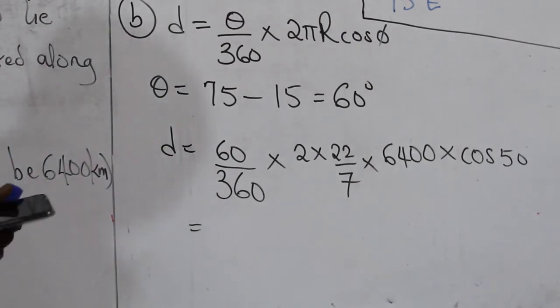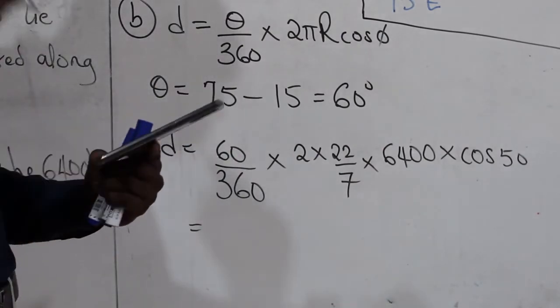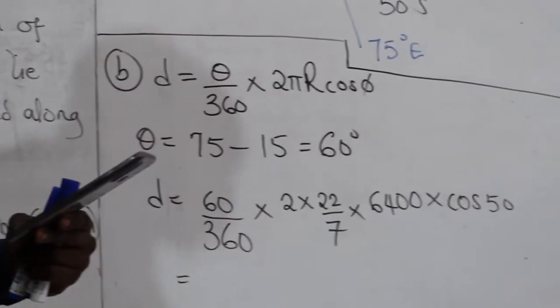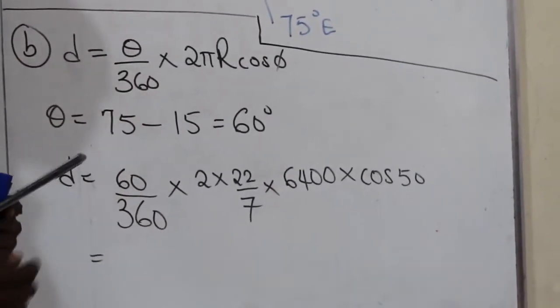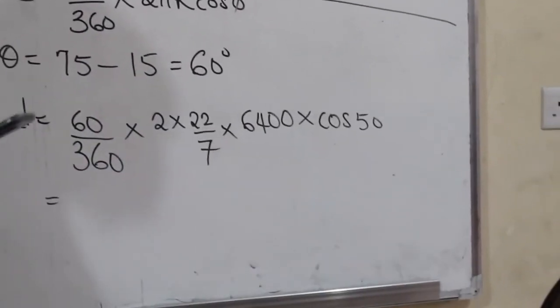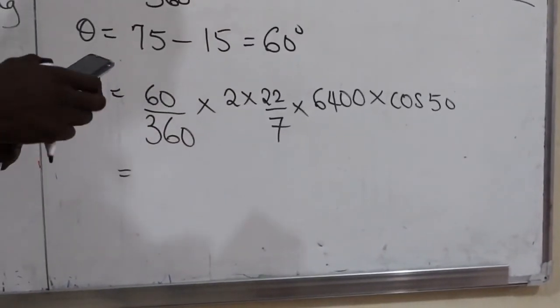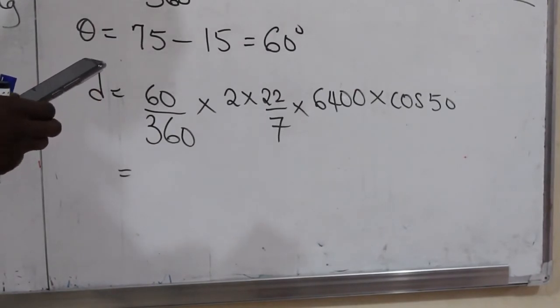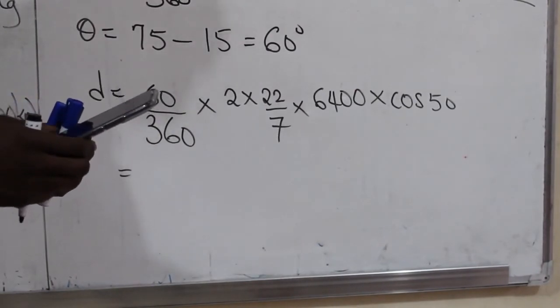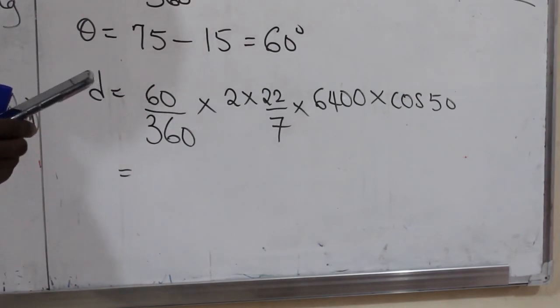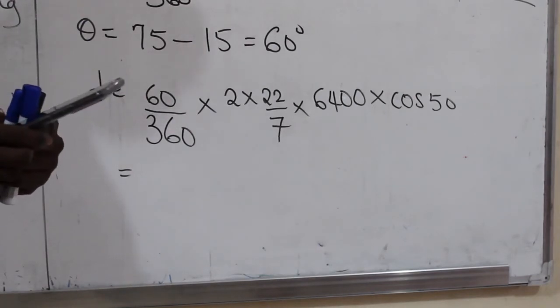So using my calculator, I already have my 6,400 cos 50 to be 4113.8, which we approximated to 4114. So I just say times pi times 2 times 60 over 360 in a bracket.